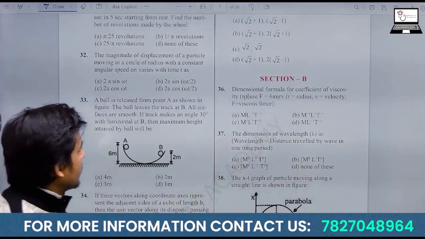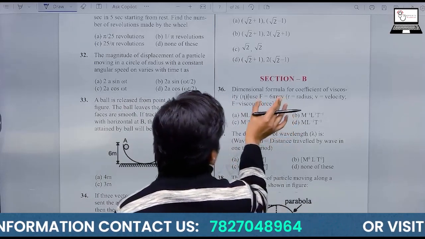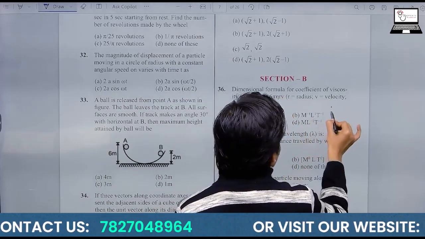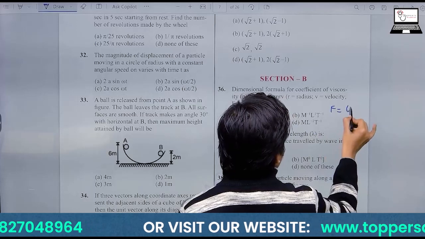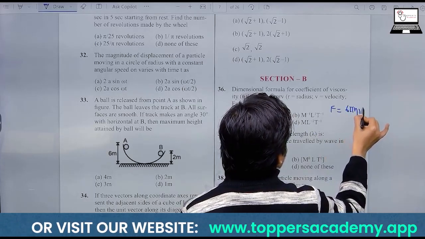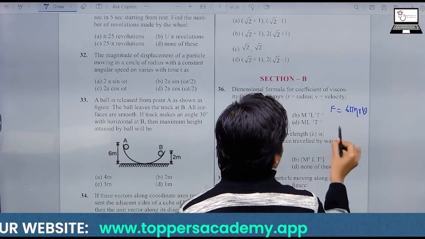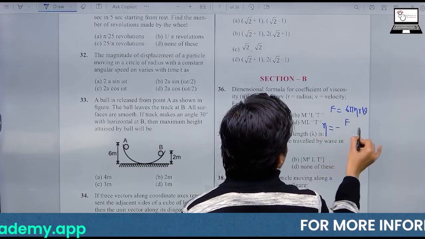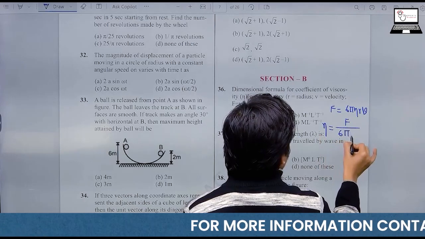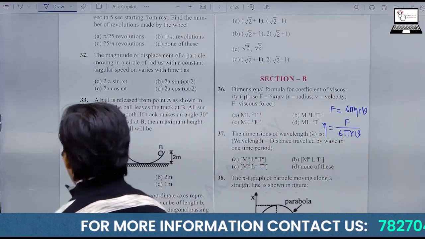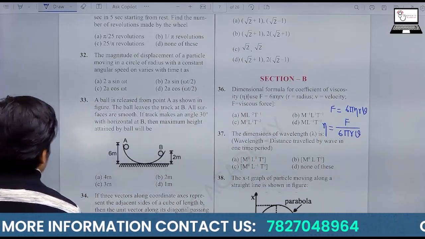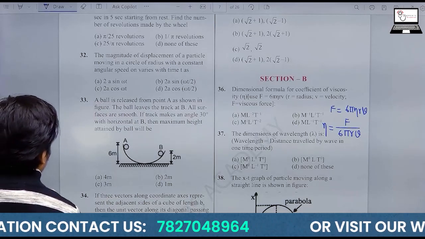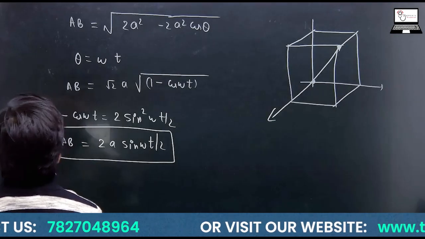So we know that F is equal to 6 pi eta RV. Now this eta is equal to F divided by 6 pi RV. So we can write the dimensional formula.